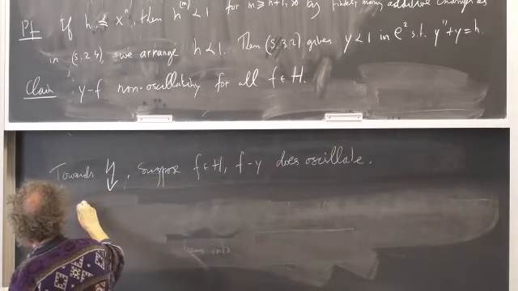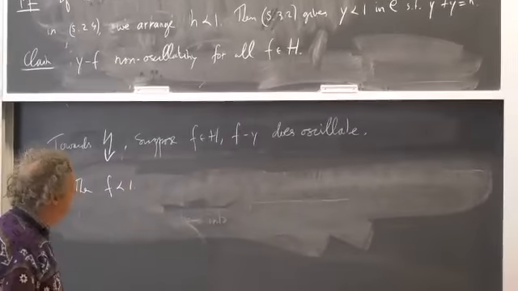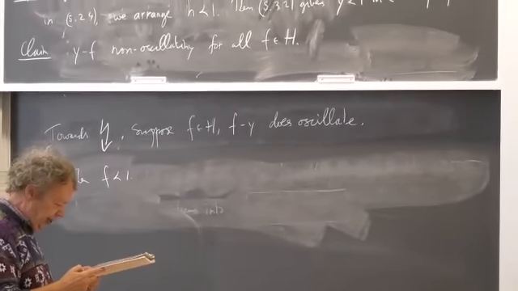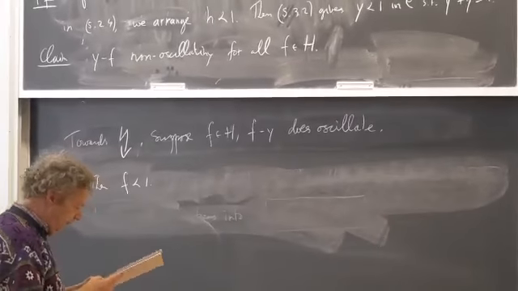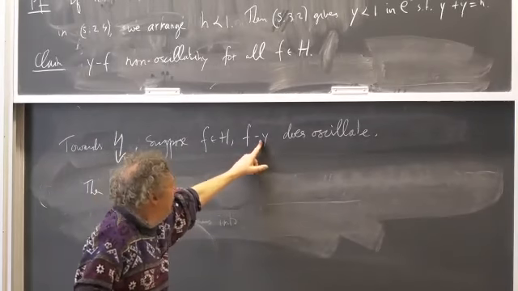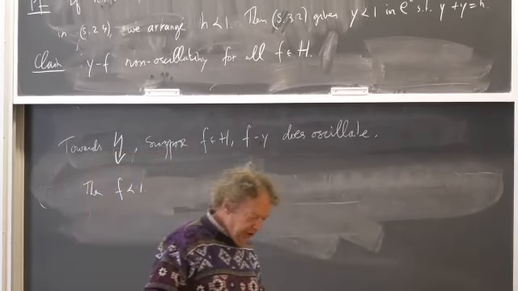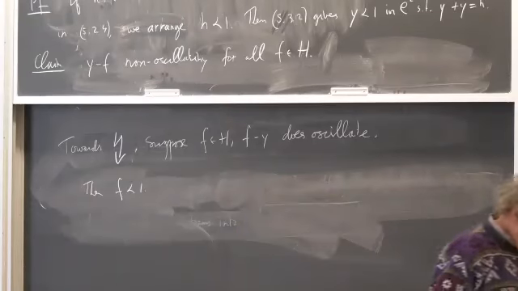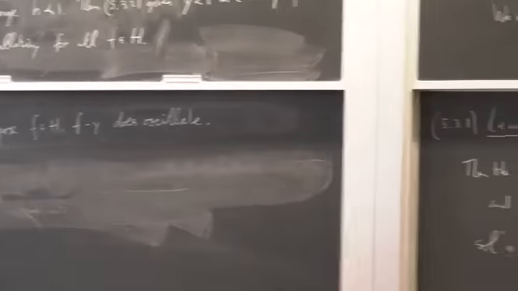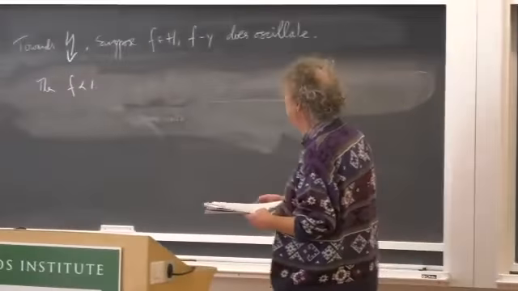Then f must be infinitesimal, because y is infinitesimal, and if f minus y oscillates, that means that f(t) equals y(t) for arbitrarily large t. So f must then also be infinitesimal.